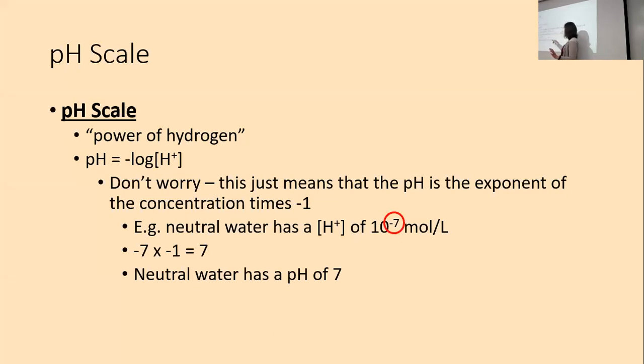Same thing if something has a pH of 8, the proton concentration in that liquid is 10 to the -8 moles per liter. That's how pH works. I'm never going to have you calculate pH. But neutral water has a pH of 7 because of the concentration of protons. That's how they get that.